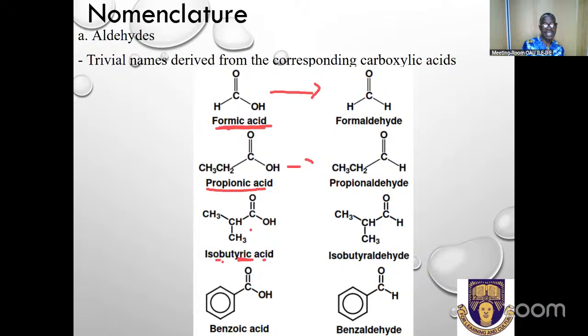This is the acid, and this is the corresponding aldehyde. Now, let's look at the cyclic one here. This is benzoic acid, and the corresponding aldehyde of benzoic acid is benzaldehyde. So all these are trivial names.